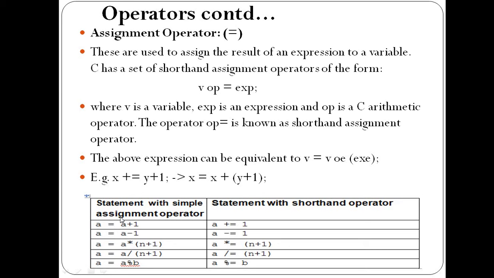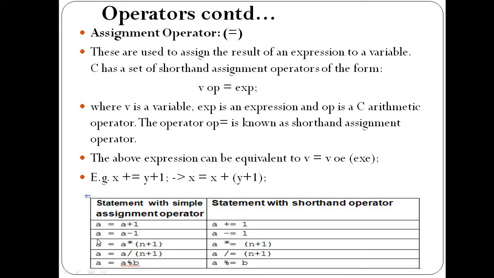Okay, so with the simple assignment operator, like how we use a = a + 1, the same can be written using the shorthand operator as a += 1. We do not need to write the same variable again in the equation. We just put the operator before the assignment operator. So V OP = EXP is called shorthand, meaning we can use the short prefix to add values to either a variable or an expression.